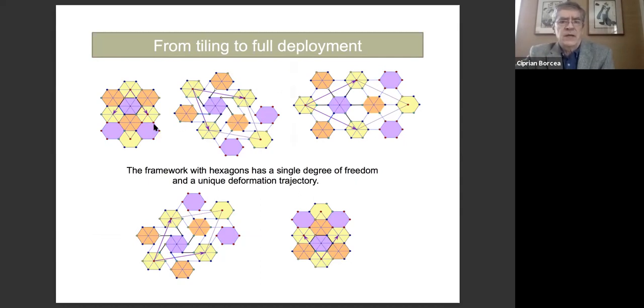So let's see, in the simplest case, what will be our concerns. So we have here the framework with the hexagons in a tiling configuration.